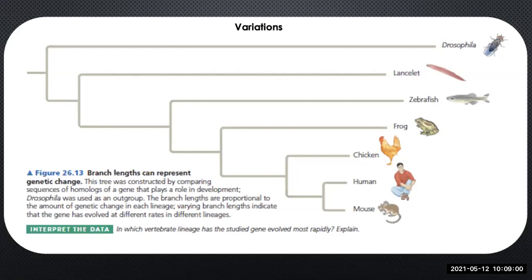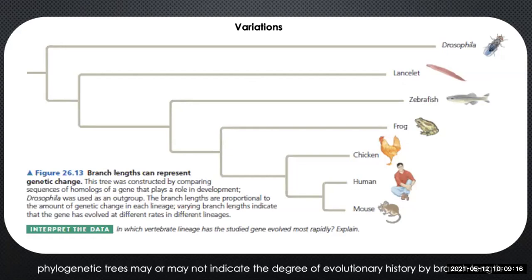Because looking at this, if we didn't have that figure legend, we wouldn't know whether the lines mattered at all, if they were showing genetic change, if they were showing just time that a species has existed on Earth. And so they may or may not indicate that degree.